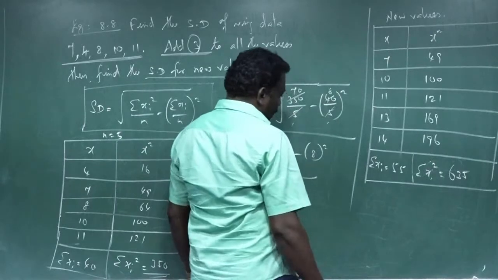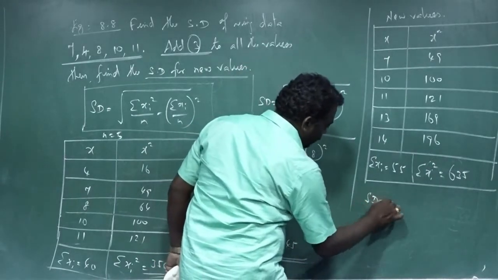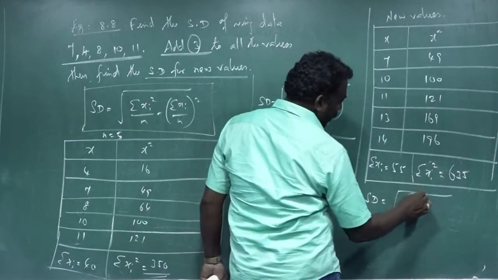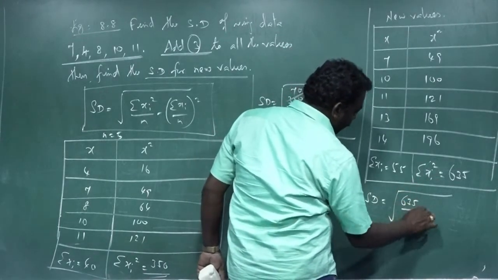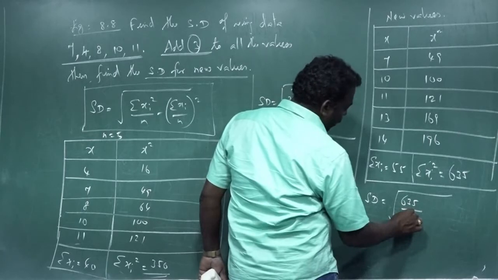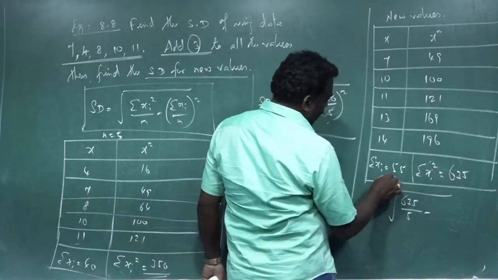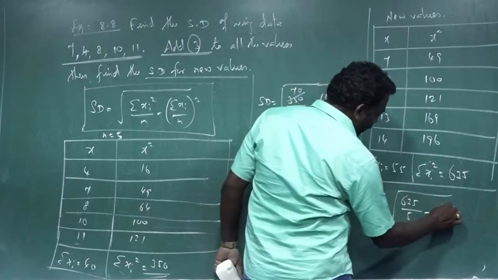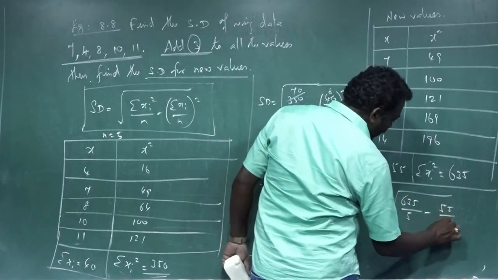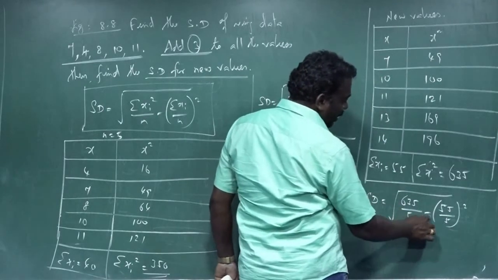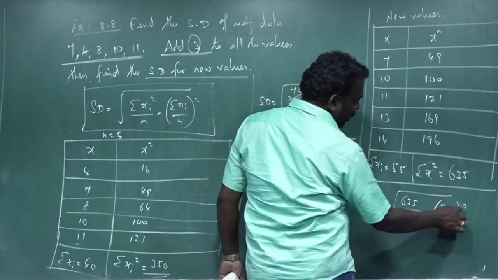So now we calculate the standard deviation, which is the square root of the same formula: summation xi square by n, that is 635 by 5, minus summation xi by n, that is 55 by 5, whole square.